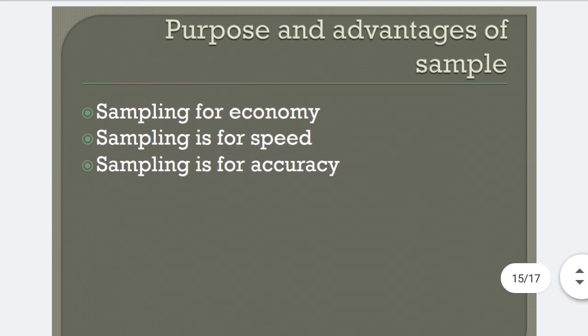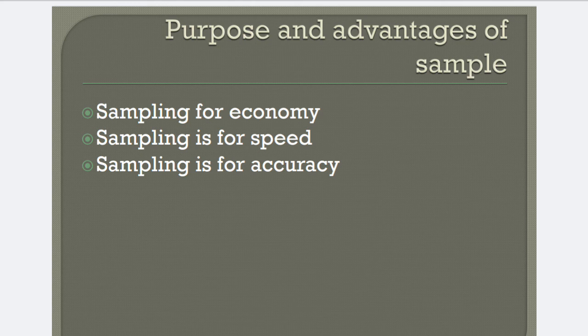Now the purpose and advantages of sampling. The first one is sampling for economy. Research without sampling may be too costly. Sampling reduces the study population to a reasonable size so that expenses are greatly reduced. The second one is sampling for speed.